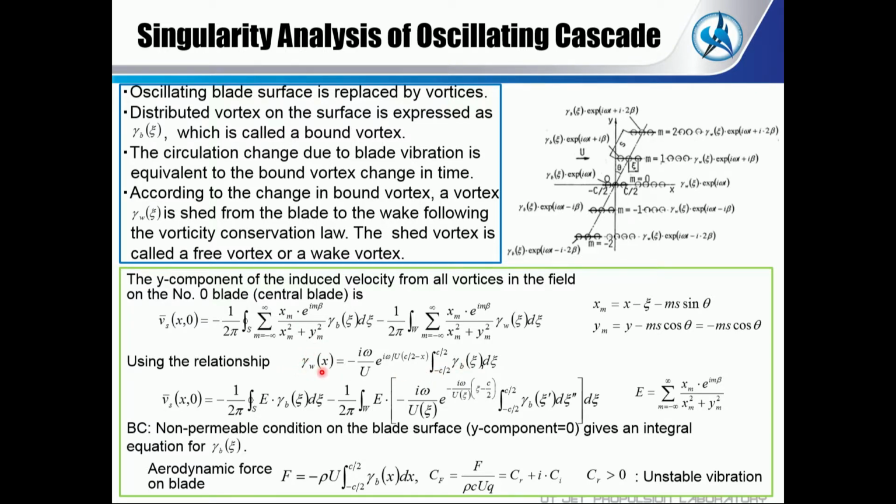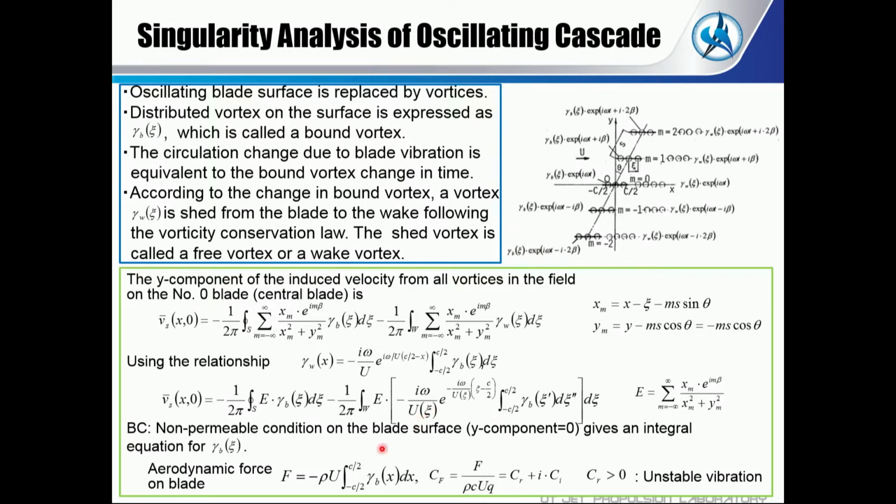So we put gamma W here in this equation, and we can have this integral equation. Okay, and we have gamma B here and gamma B here. So in this equation, we only have gamma B. So gamma W is eliminated from this equation.